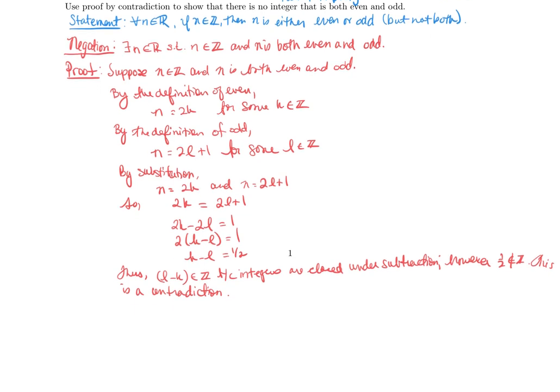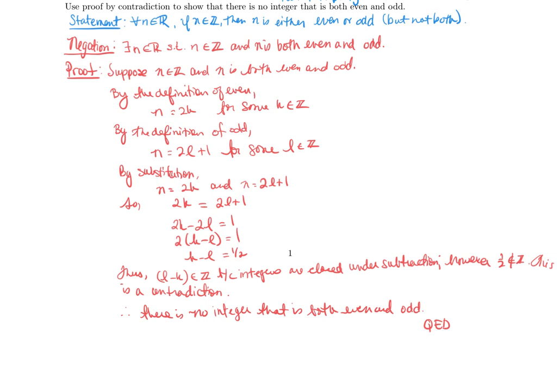We will say, now that we've gotten to a contradiction, we would say, therefore, there is no integer that is both even and odd. And then don't forget your QED or your box to show that our proof is over.